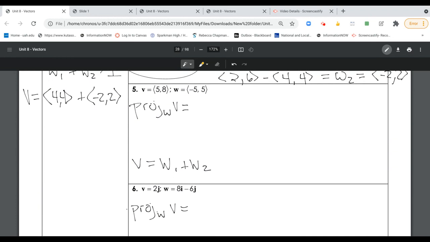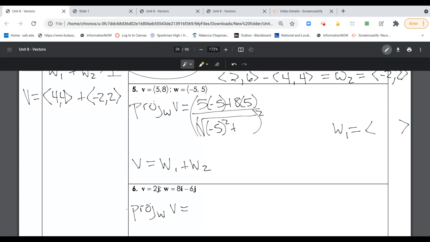What we're going to do here is find our W1 so that we can use it to find W2. So here I'm going to do 5 times negative 5 plus 8 times 5, put that over the magnitude squared, which would be negative 5 squared plus 5 squared, and multiply that by negative 5.